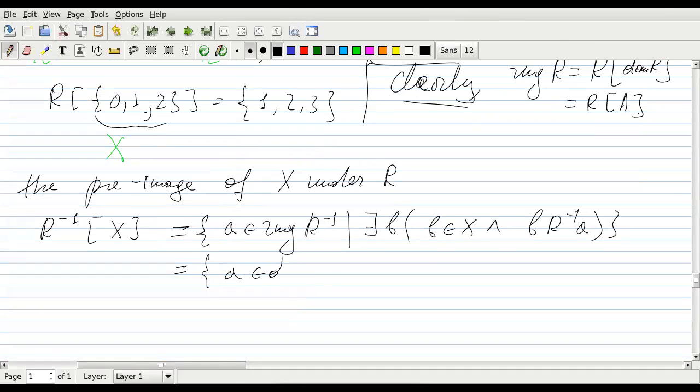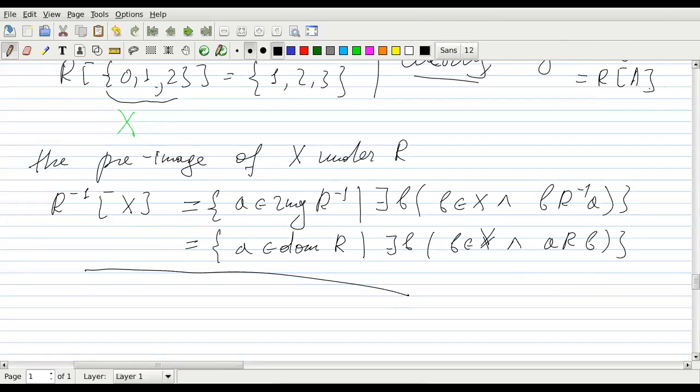The domain of R. So it is the set of all A's from the domain of R, so that there exists some B from X, so that A R B. So this is, informally, the pre-image.